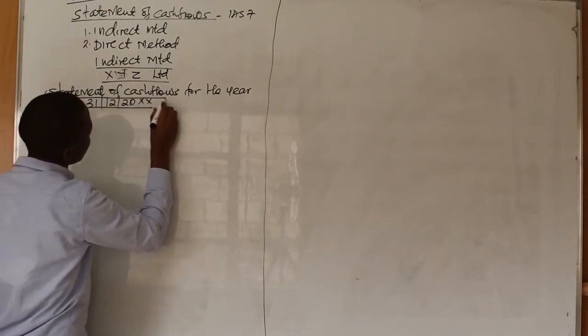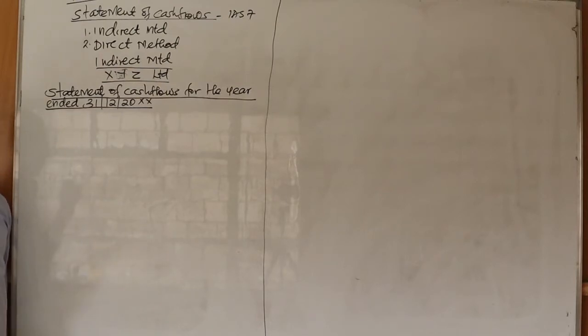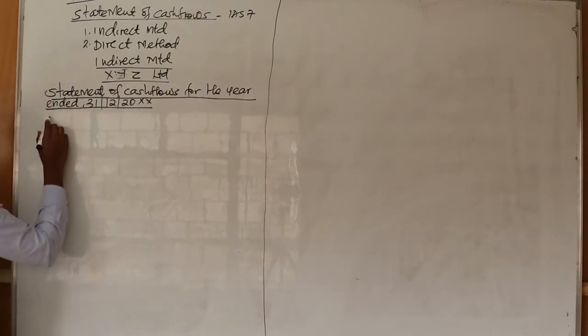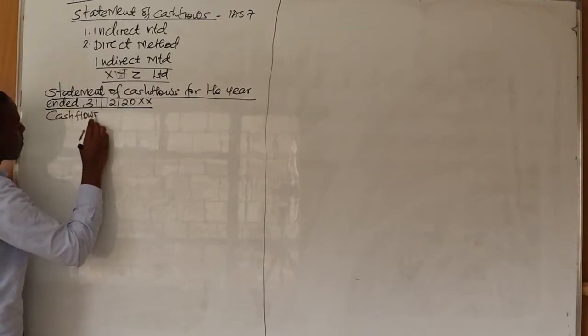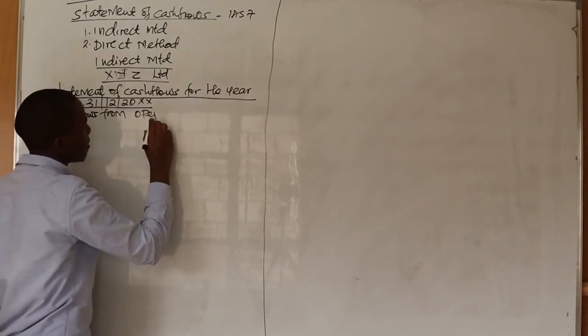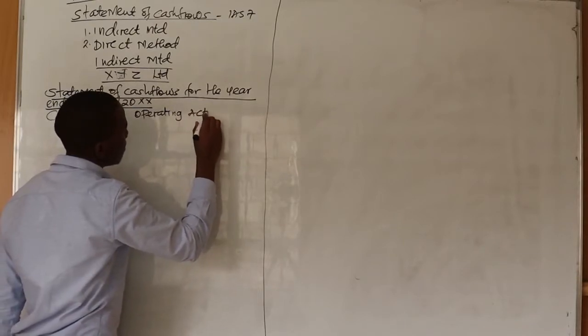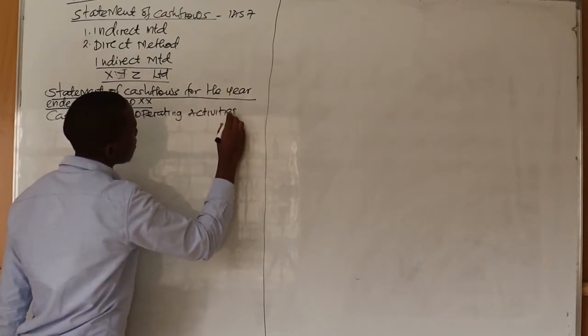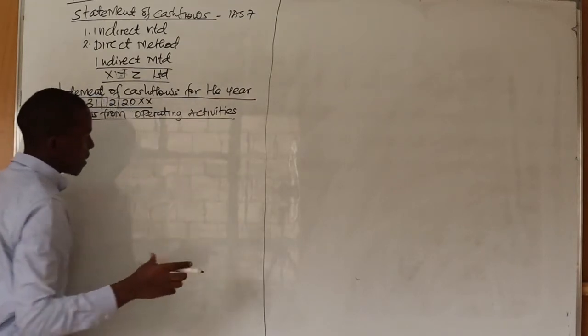So as I've said, you have to categorize the cash flows in the three categories. We'll have the cash flows from operating activities. These are the ones that you need to start with.